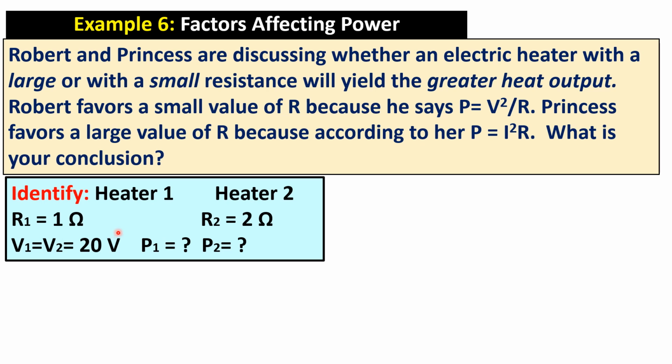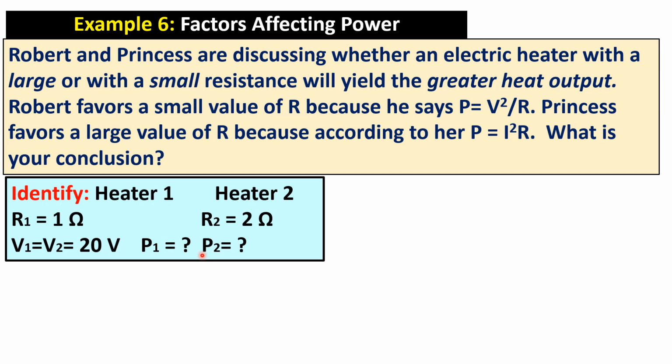As we all probably know, these heaters will be used with our household voltage supply. For example, in the Philippines, we are using 220 volts. But in other places, probably they are using 120 volts or probably 110.